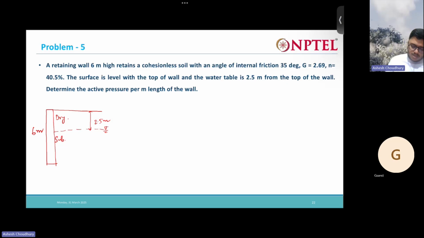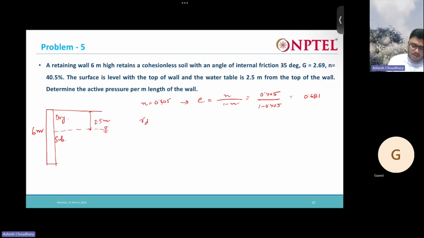So my porosity is given. From there I can get the e, that is the void ratio. That's 0.681.